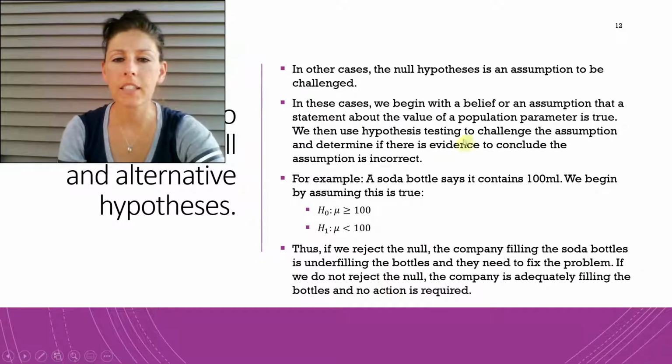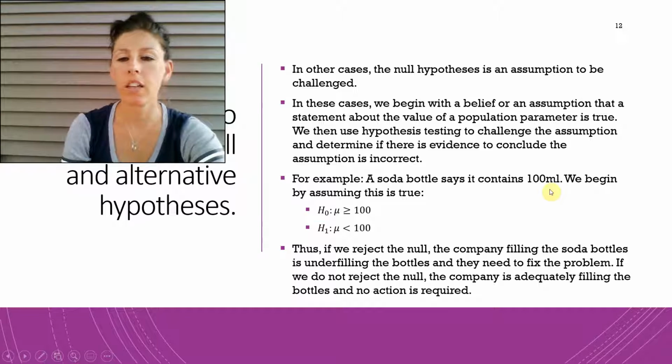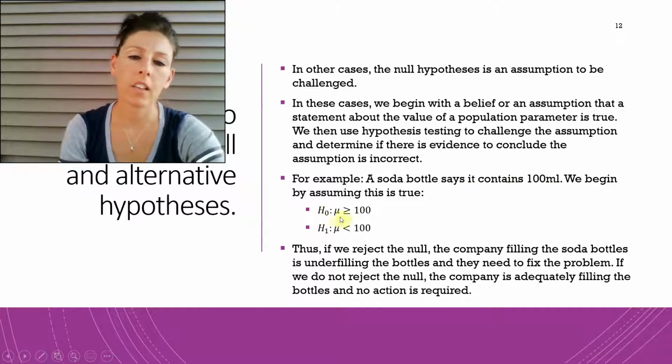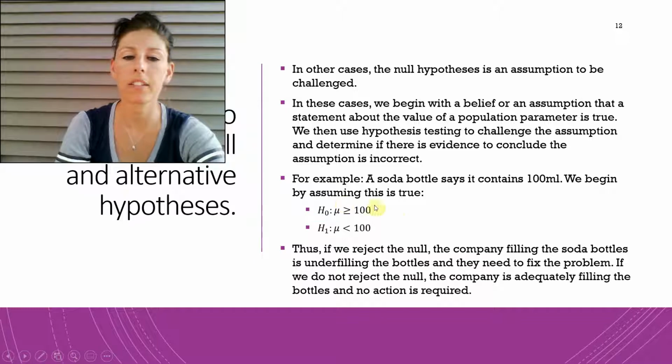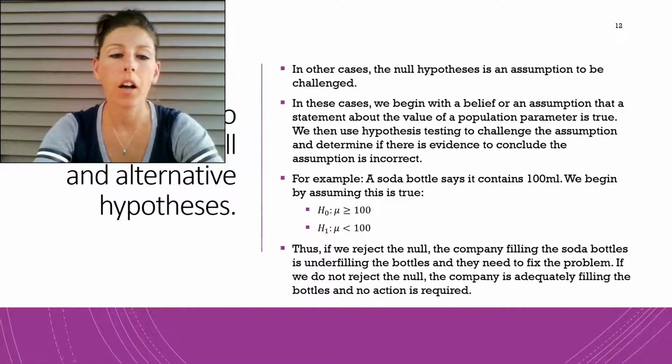And in the second scenario, if we're looking at something like production or manufacturing, we have some type of statement that's our null, and we'd like to find support that we can't reject that null hypothesis, because that would provide support that we're adequately filling bottles or manufacturing our products.